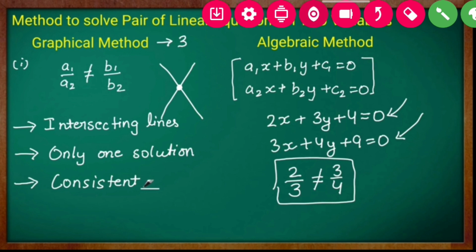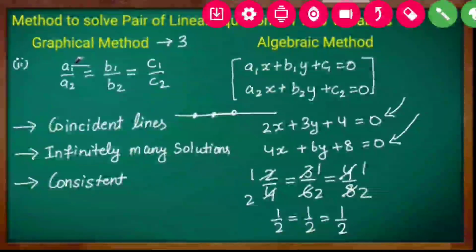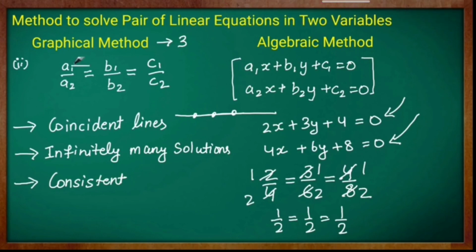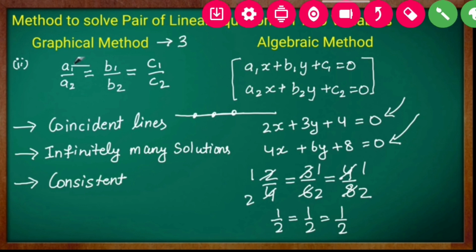Second, again two equations are given and we compare them with ax plus by plus c equals 0. The first equation is 2x plus 3y plus 4 equals 0 and the second equation is 4x plus 6y plus 8 equals 0.